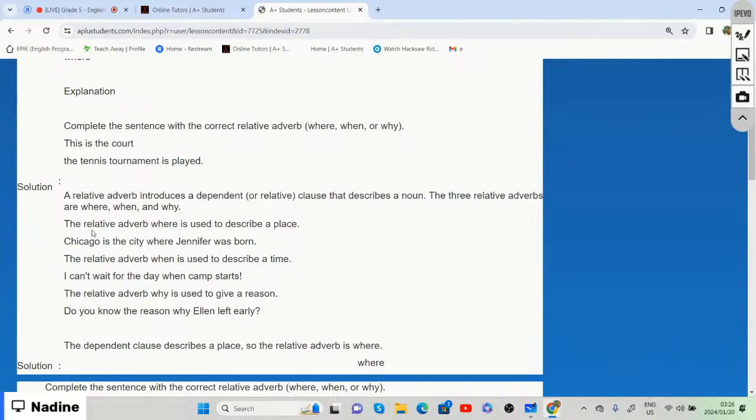And we say the relative adverb introduces a dependent clause that describes a noun. And the three relative adverbs are where, when, and why.